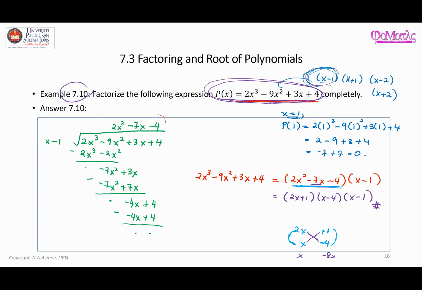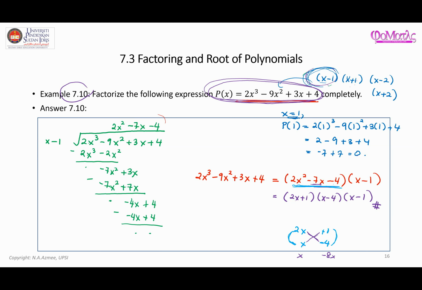Okay, you can try on. So in order to check whether this is indeed a factor, you need to substitute the value into the polynomial function, and if the result is 0, then that one is a factor, and you can use it to go on with the long division process.